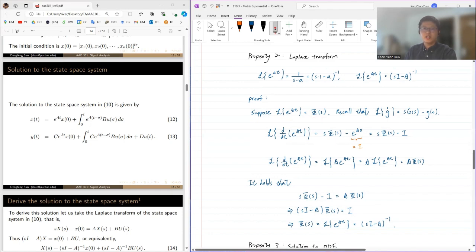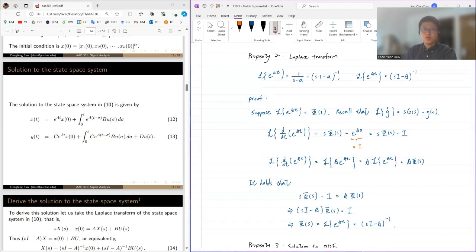Then recall that for a function g in the time domain, the Laplace transform of its derivative is equal to s times G of s minus g of 0. Therefore, the Laplace transform of the derivative of the matrix exponential e to the A times t is equal to s times phi of s minus e to the A times 0, or equivalently s times phi of s minus I. Also, note that the derivative of the matrix exponential e to the A times t is equal to A times e to the A times t.